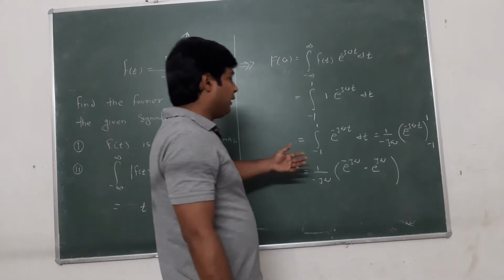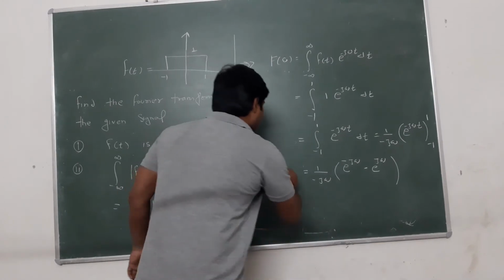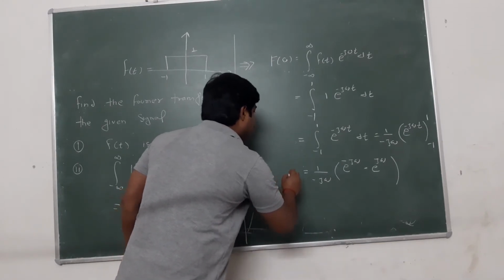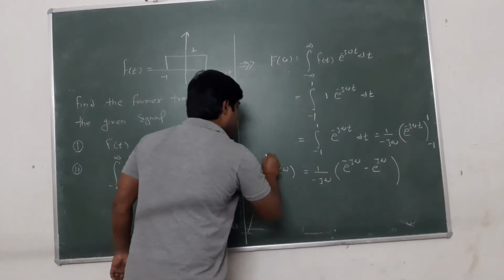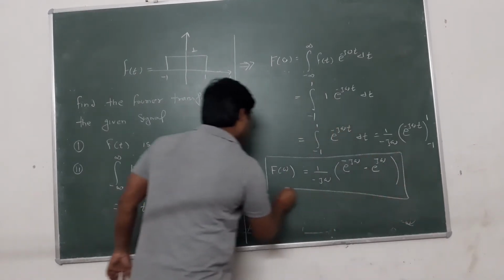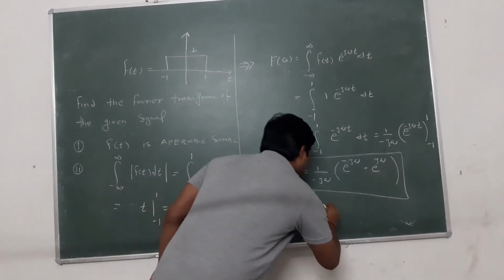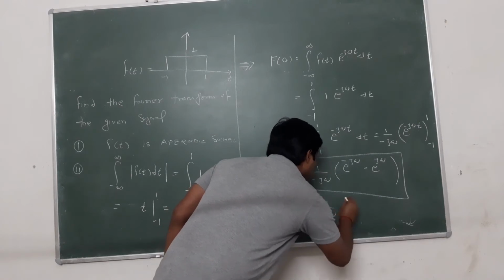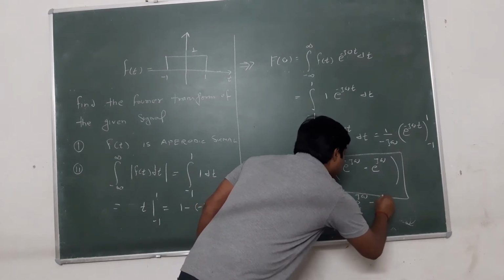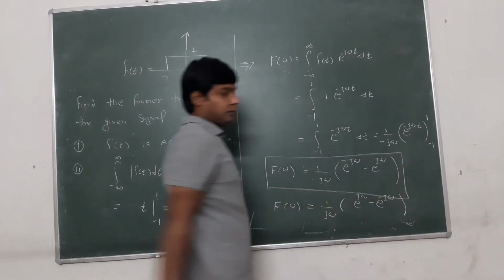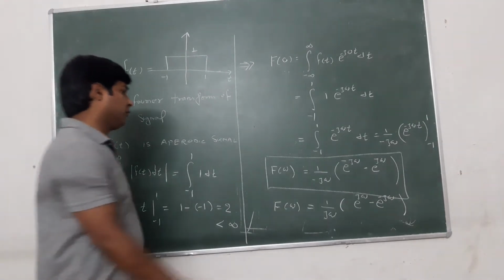We can also convert it to cosine form. So this is the valid Fourier transform F(omega), or F(omega) is equal to 1 upon j omega times (e to the power j omega minus e to the power minus j omega).